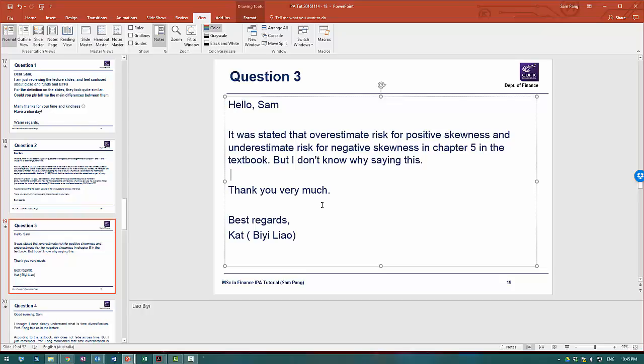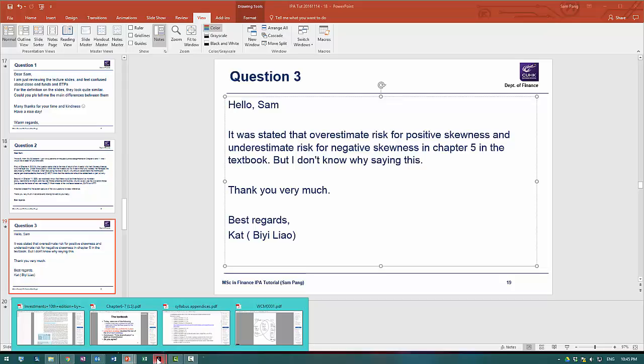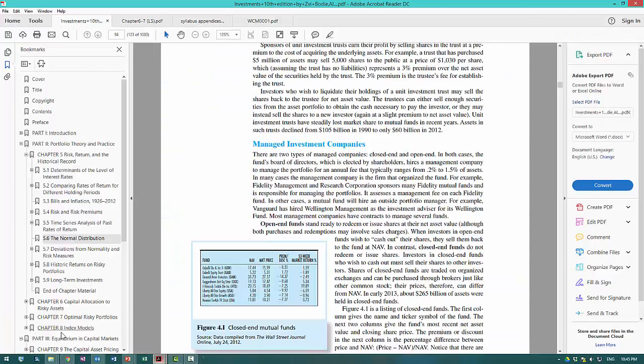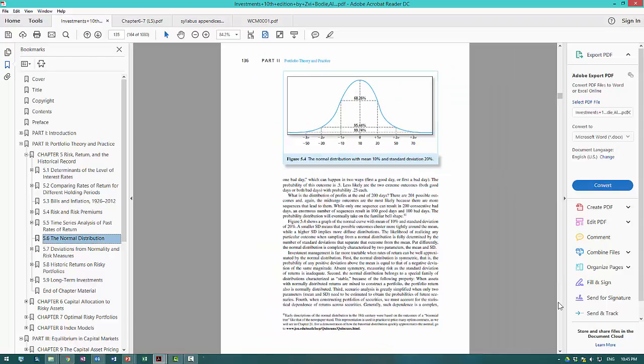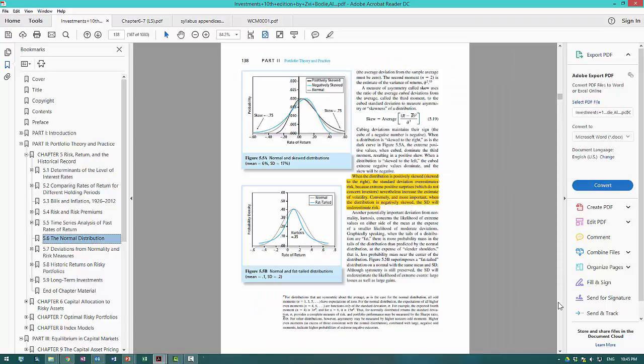This refers to a passage in Bodie, which was also probably mentioned in class, and I think the passage is, okay, let me try and find it. I think it's this one here.